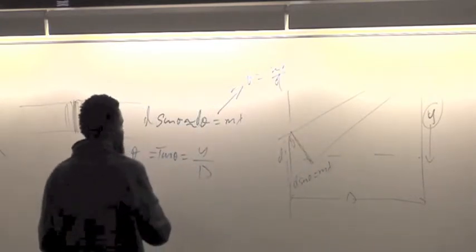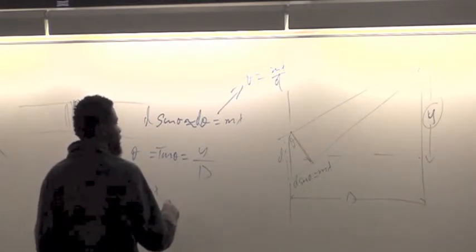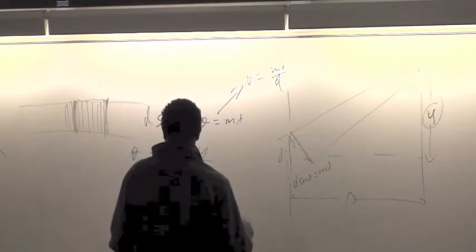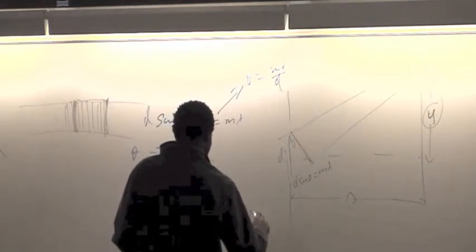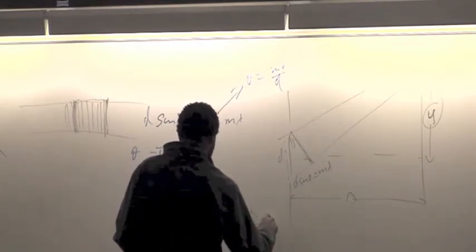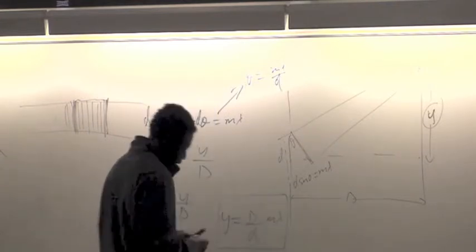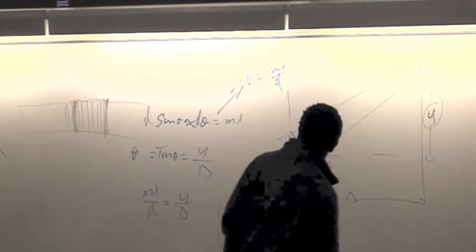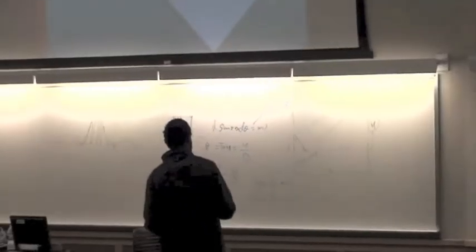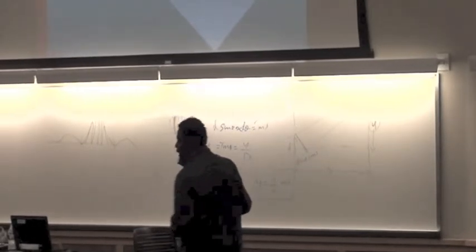So therefore we have m lambda over d, and y equals this, and we want to find the behavior of y, which gives you this equation and tells you that as this gets smaller, y gets bigger.